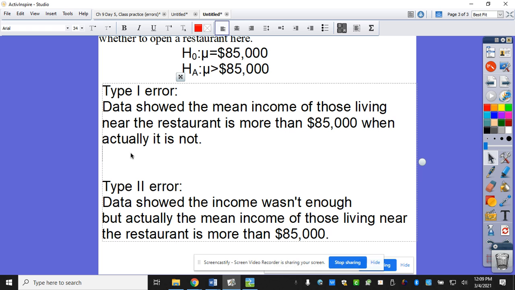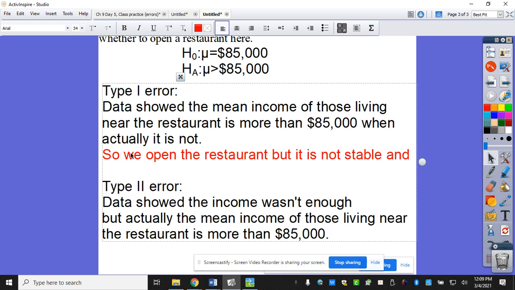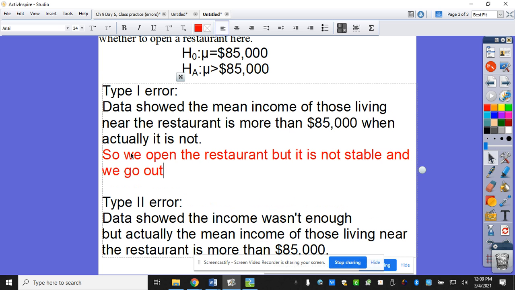What would we choose to do in a type 1 error? We do open the restaurant, is that what you said? Yeah. And you generally something closes.